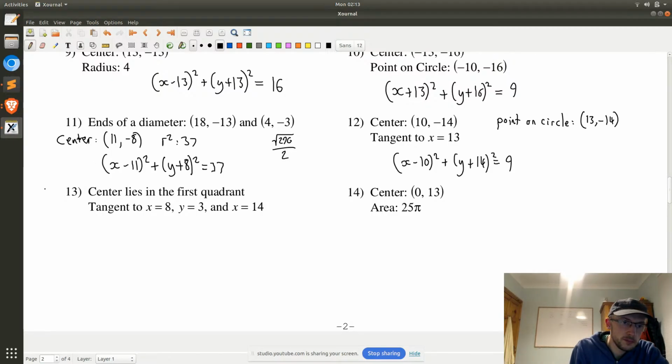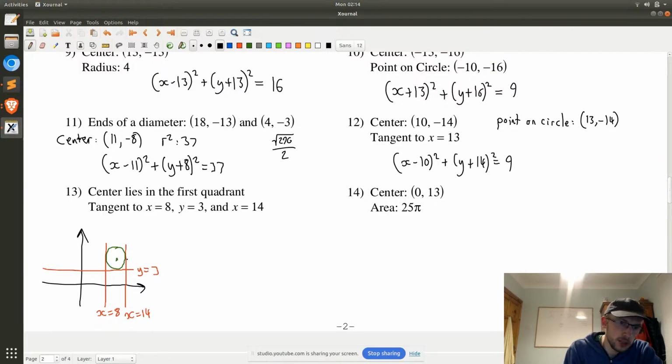Okay. So mental picture. There's x equals 8. There's y equals 3. And so the circle will be something like that. 8 and 14 block it on both sides.